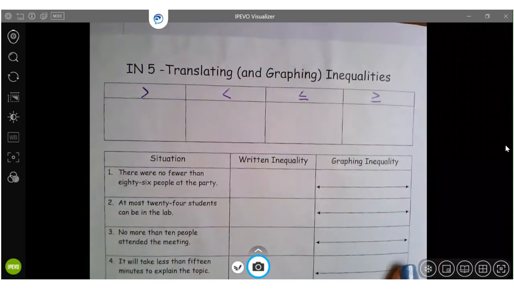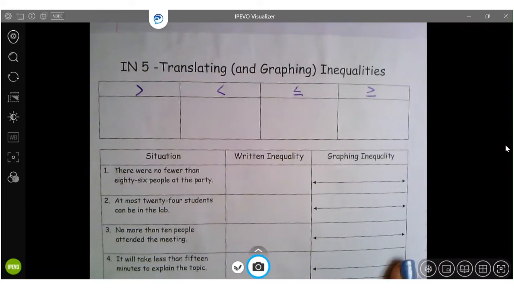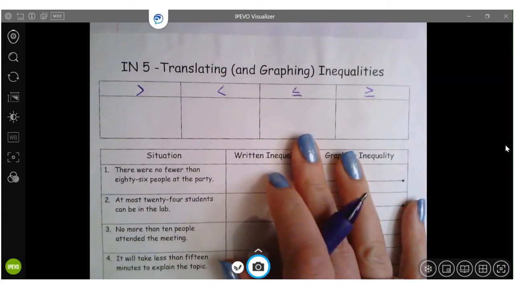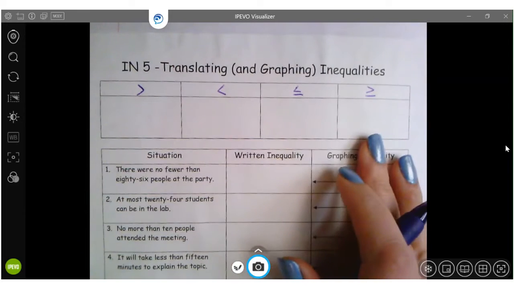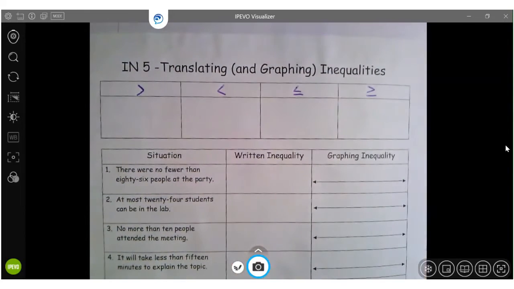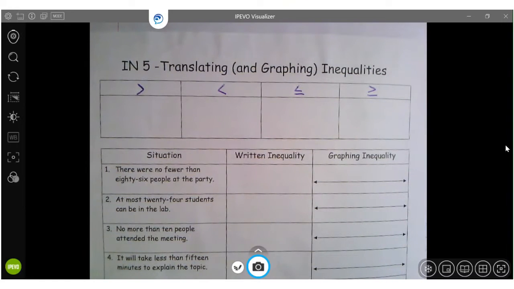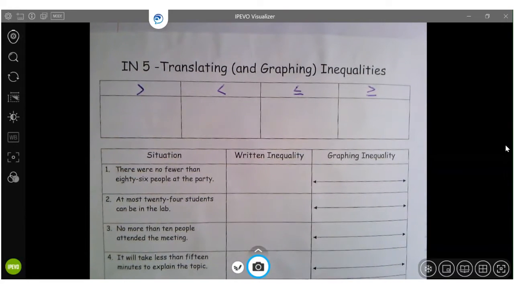Not really in any particular order, just our four inequality symbols. All right, so we'll discuss some common words or phrases you might see that would indicate each of these symbols. Of course, it's not going to be every possible way that something could be worded to indicate that you're using that symbol. A lot of times you could see synonyms or something that's just kind of worded a little bit differently but means the same thing.